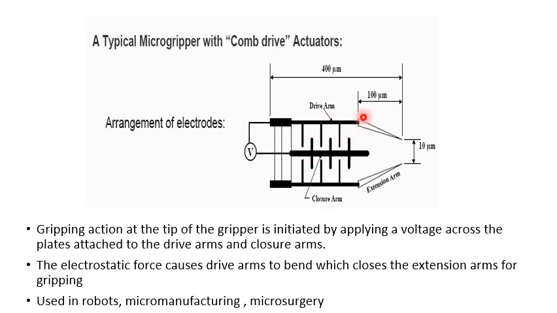Since the drive arm is connected to the extension arm, the arms for extension are going to close. Thus it helps in achieving the gripping action. These kinds of micro grippers are used in robots, micro manufacturing, microsurgery, and so on.